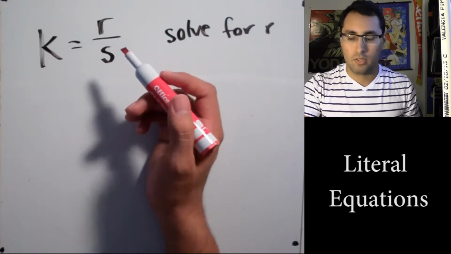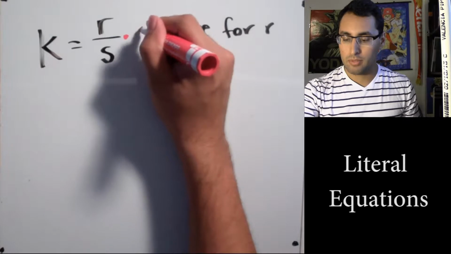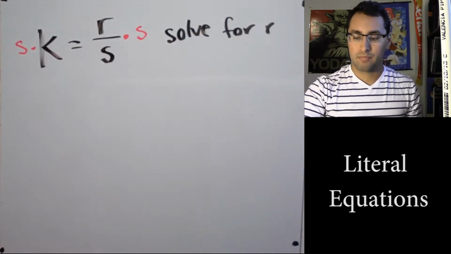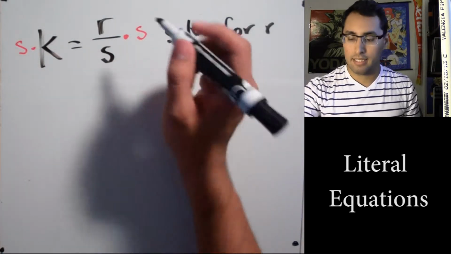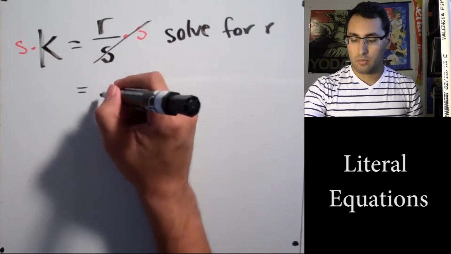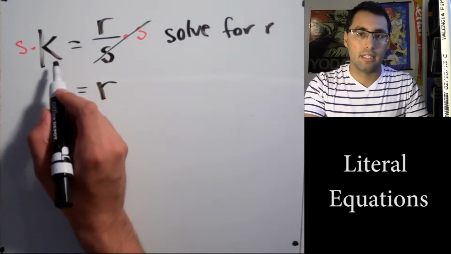Multiply. So you're going to multiply both sides by S. Multiply this side by S, and this side by S. When I do that, dividing S and multiplying S, they cancel out. On the right hand side we're left with R, and over here we're left with S times K.